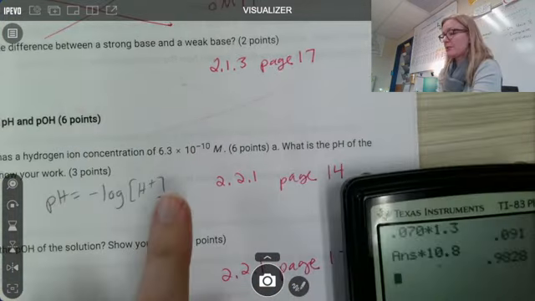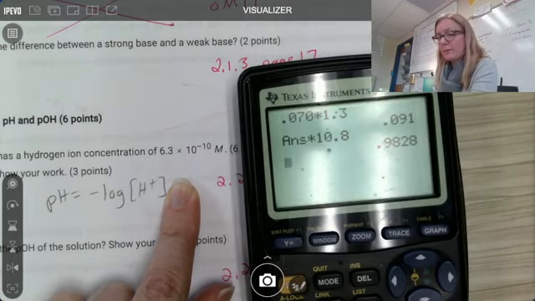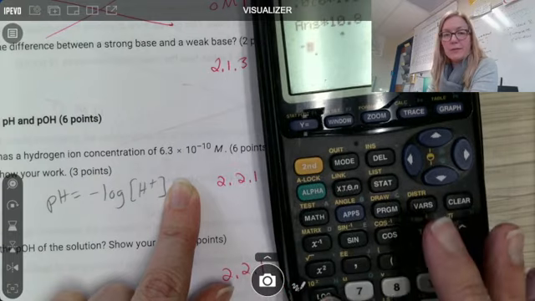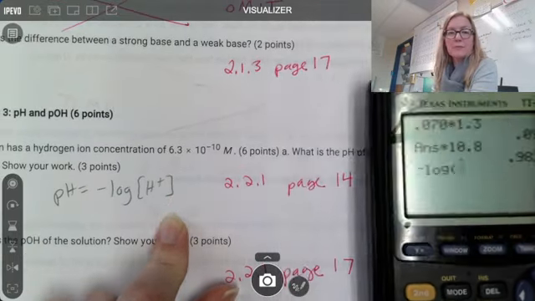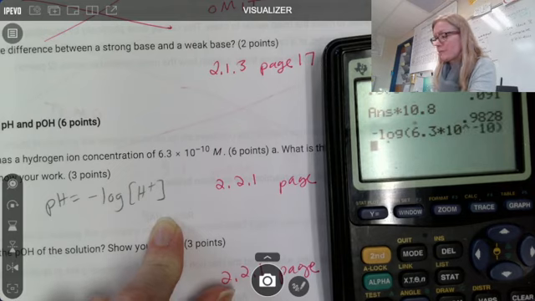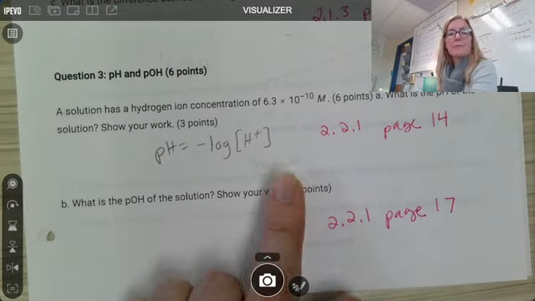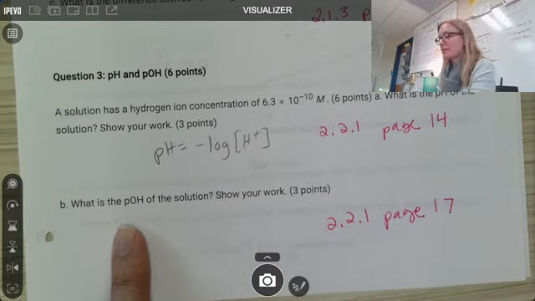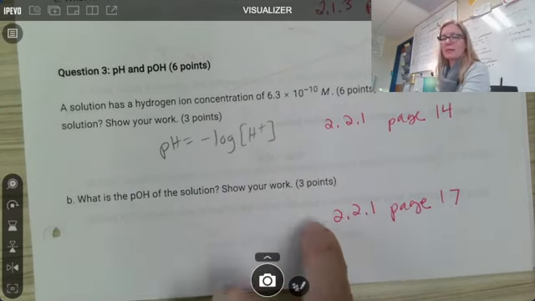So to find the pH of this, you would do the negative symbol, press the log button, which is right here, and then it opens the parentheses for you, and you can do 6.3 times 10 to the negative 10th, and you can close the parentheses like that. So that's how you would find the pH. And then for pOH, the formula is a lot more simple. You can look at 2.1.1, page 17. You're going to use your answer to A to answer part B.